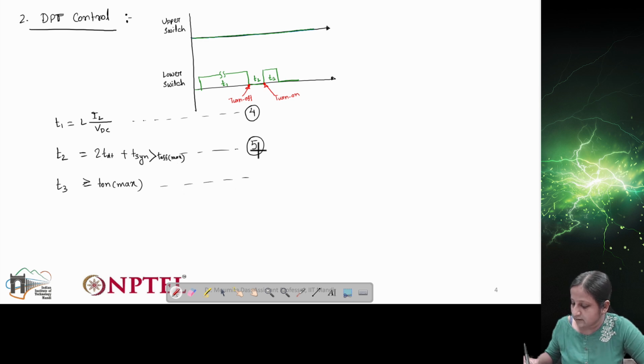So these are the different times required in order to implement pulses for the DPT test. Now we have the DPT related design parameters and we got the pulse widths.